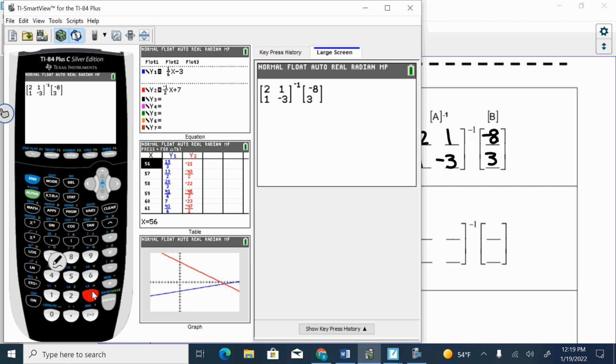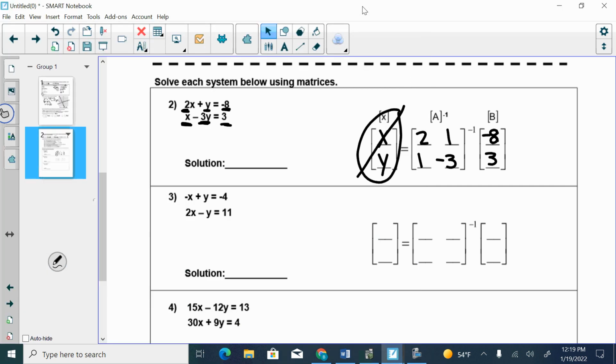All right, once you have that all typed in, you're going to arrow outside of that box, and then you're just going to press enter, and it just solved it for you. Okay, so the answer we got is -3 in the top, -2 in the bottom, right? Okay, so I'm going to come over here, write that down. This was equal to -3 over -2.